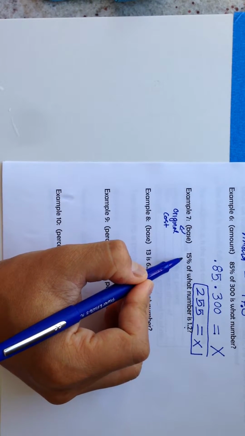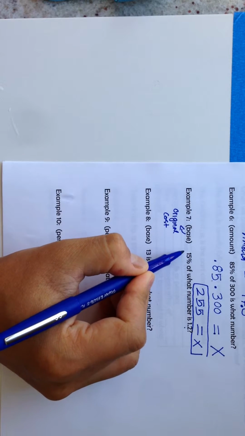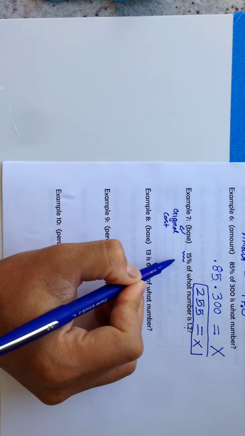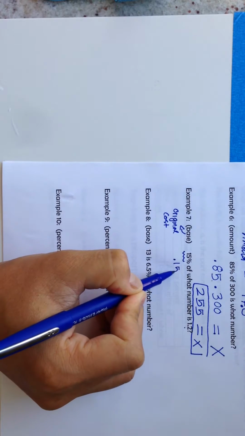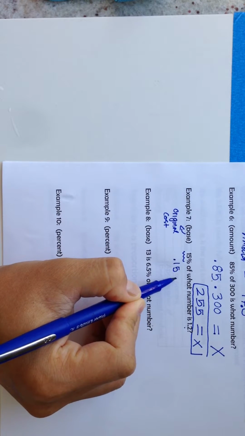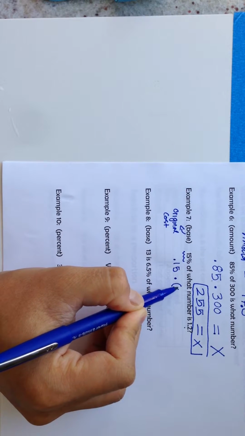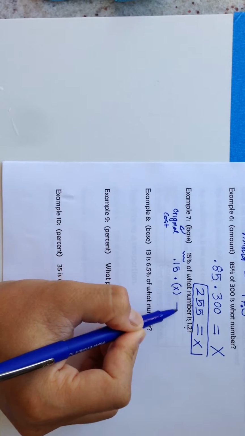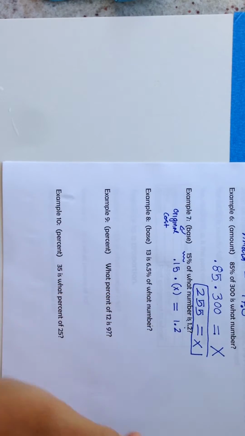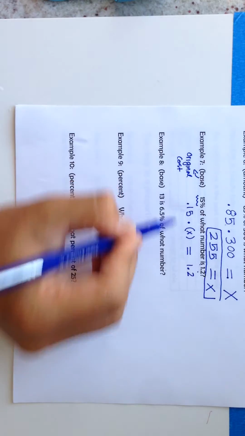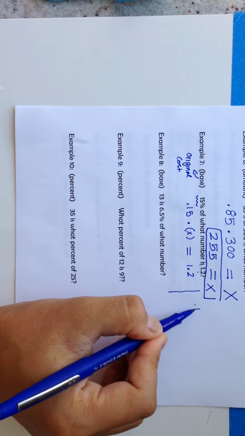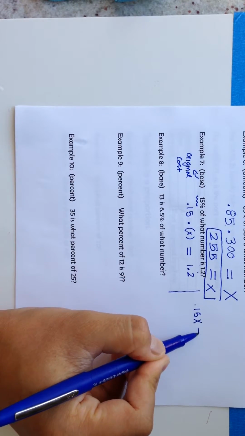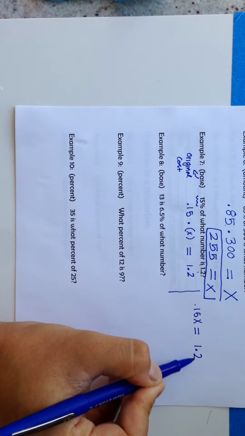What we do is, again, direct translation, 15%, write this as a decimal, so 0.15. Of means multiply. What number is the letter X? Is means equal 1.2. So 0.15 X equals 1.2.